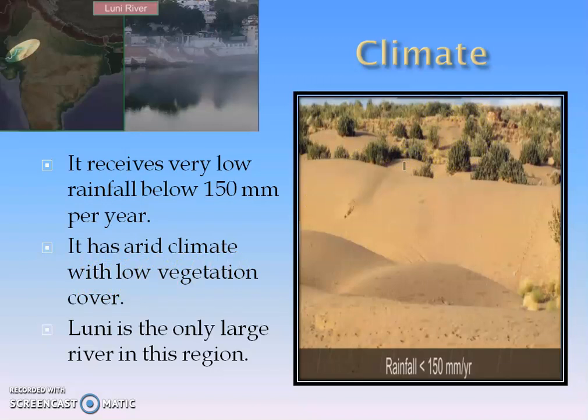Streams do appear during the rainy season, but they soon disappear into the sand as they do not have enough water to reach the sea. Now look here. Luni is the only large river in this region. This river has been named Luni because it is salty.